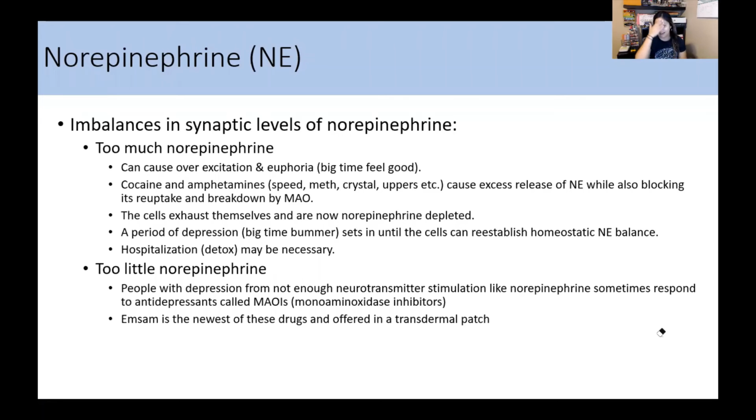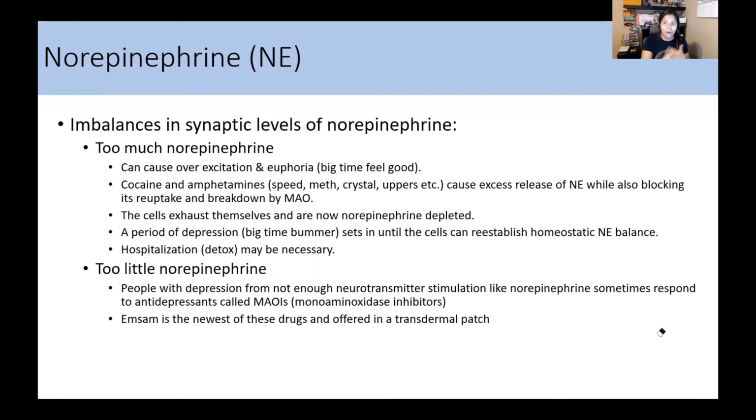But again, this is not to say go out and take drugs because they make you feel good. This is not a good thing. If you have all those action potentials firing constantly and making you feel good, your cells eventually are going to exhaust themselves. And then your norepinephrine will be completely depleted.